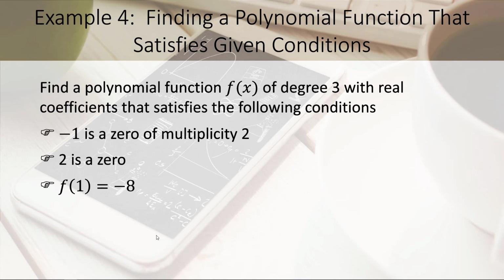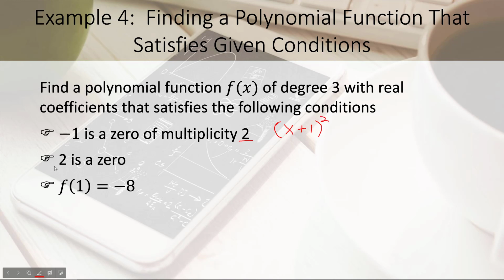So let's take a look at this particular example. Now notice we want to find a polynomial function of degree 3 with real coefficients that satisfies these conditions. Negative 1 is a 0 with multiplicity 2. And based upon our previous discussion, that means one of the factors is going to be x plus 1 raised to the power 2.